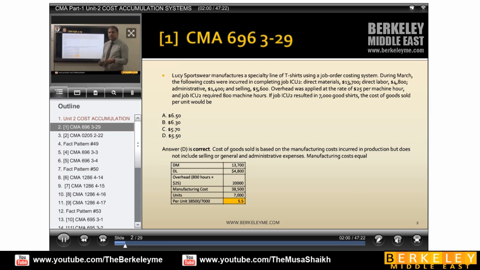Now some information in a question is always excessive. They check your knowledge: do you know what cost of goods sold is? If he is talking about selling expenses, it has nothing to do with cost of goods sold, because first the cost of goods sold will come, then the operating expenses will start. Then he says administrative, no relevance, because we have to calculate the cost of goods sold.